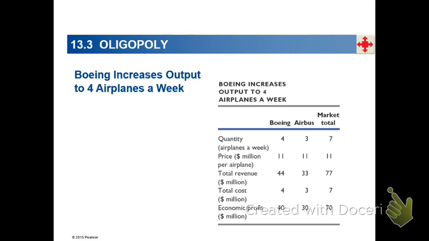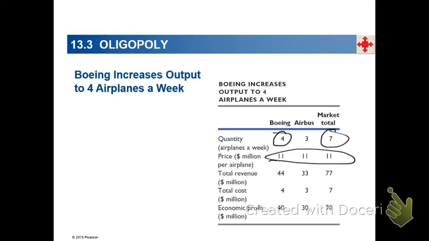So let's imagine that Boeing is cheating. Boeing agreed to produce 3 units, but now produces 4. The total market supply is now 7. That causes the market equilibrium price to go down, because if supply increases, the price goes down.